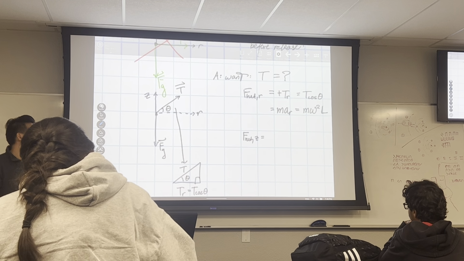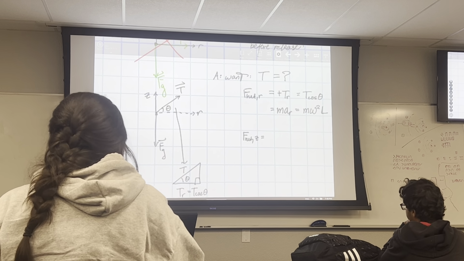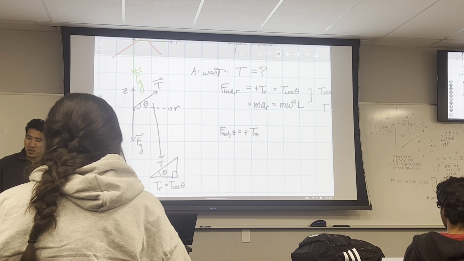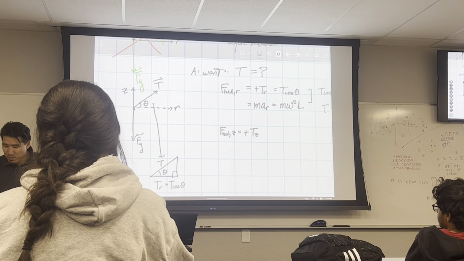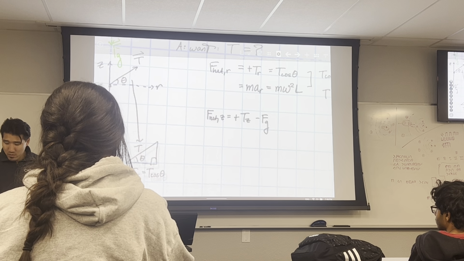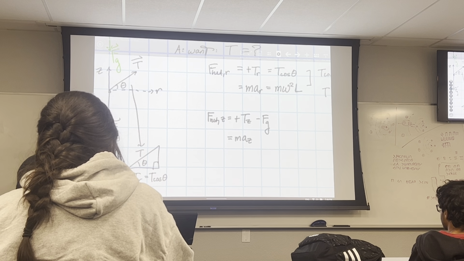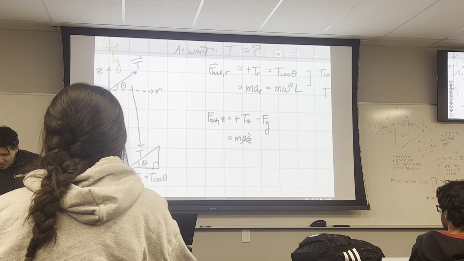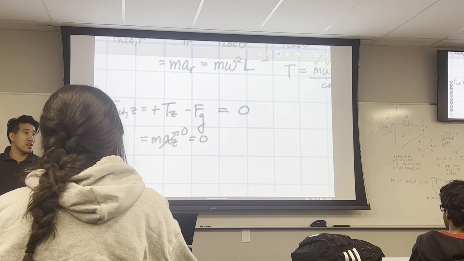What are all the forces acting in the z direction? Well, we see that there is a z component of tension, and it's acting up. So it's positive Tz. And we have force of gravity acting straight down, so it's minus force of gravity Fg. Newton's second law also tells us that this has to equal the mass times the acceleration in the z direction. But in this case, the acceleration in the z direction is equal to 0. Meaning Tz minus Fg has to equal 0.